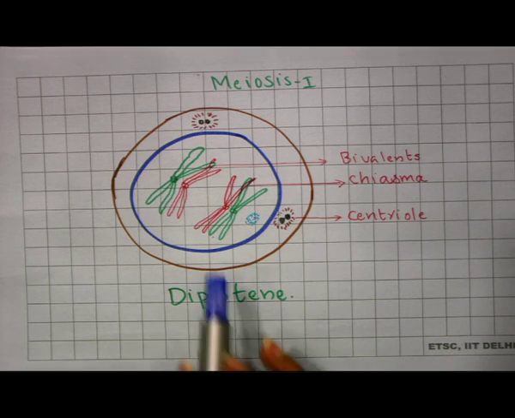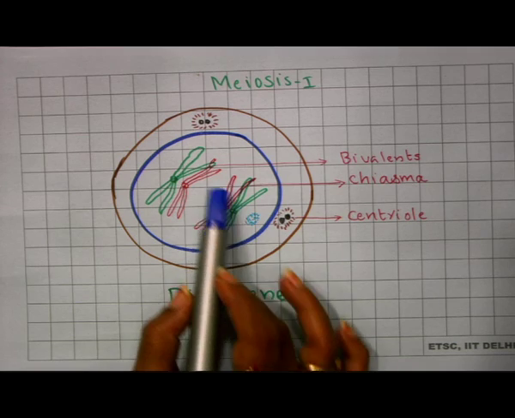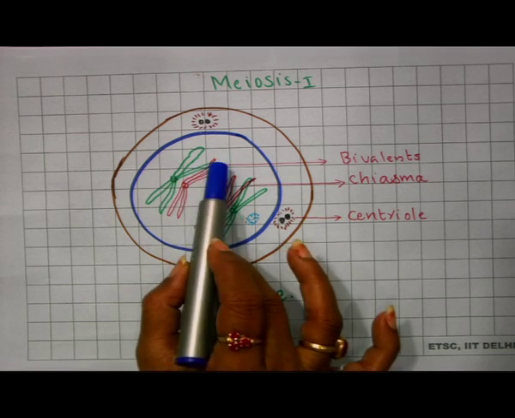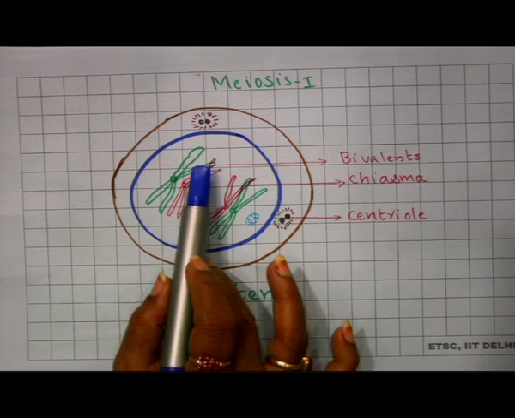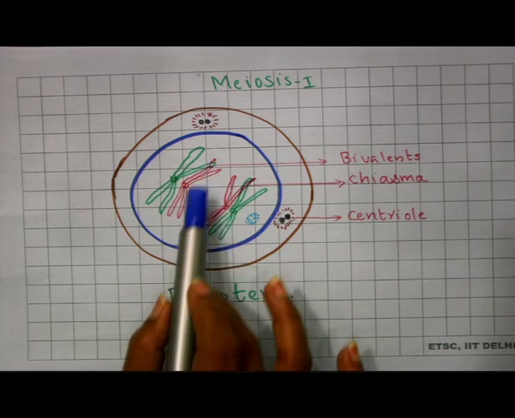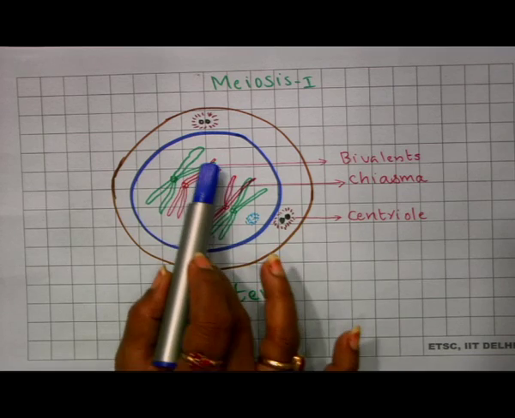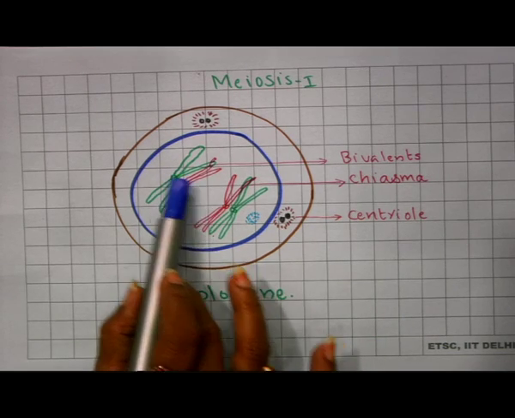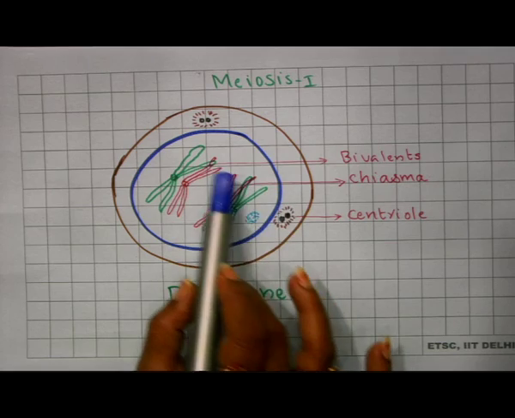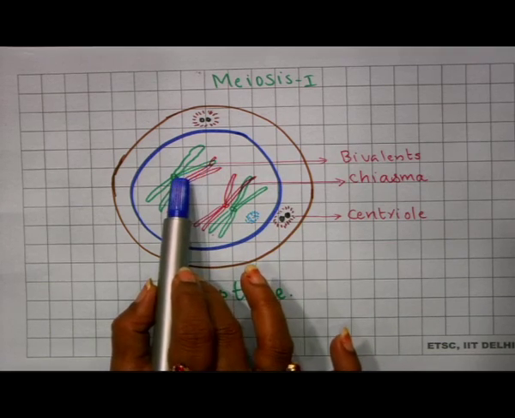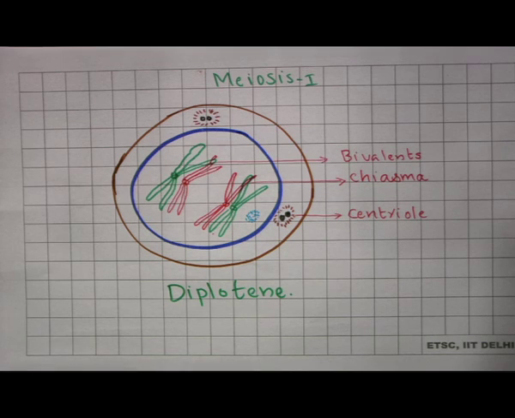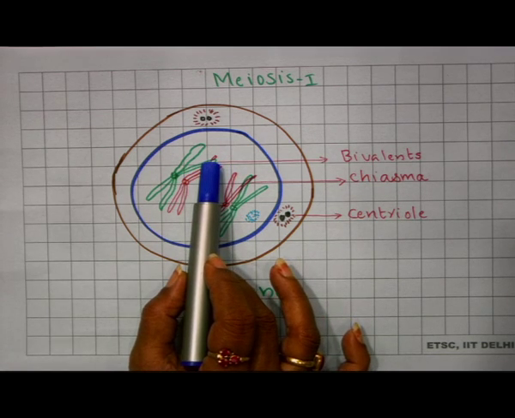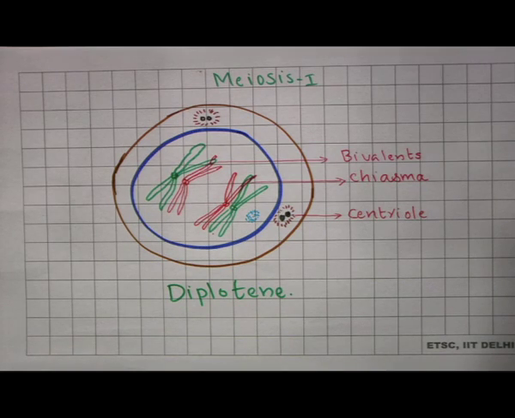So here the chiasma is moving and it will reach even up to the end of the chromosome, up to the terminal portion. Even though it is moving to the terminal portion, these paired chromosomes will remain as groups. So, moving apart of chiasma towards the terminal, that is terminalization. So diplotene is known as terminalization stage.